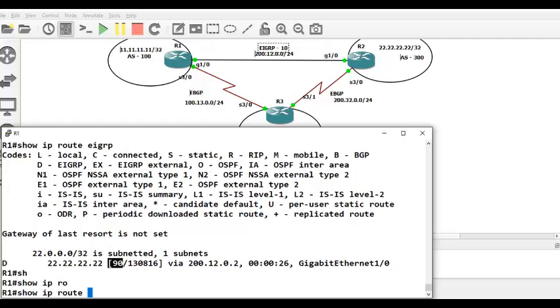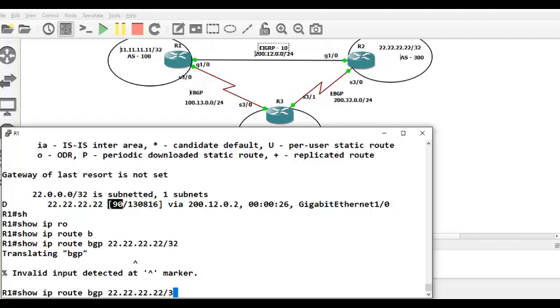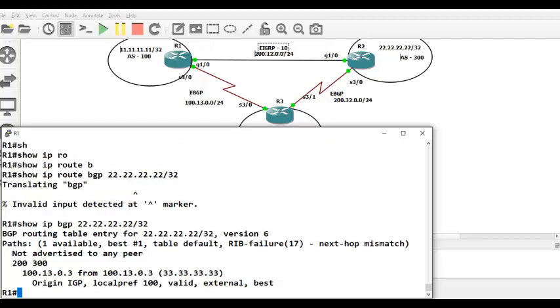Show IP route BGP 22.22.22.22/32. You see, it says RIB failure. It's the best path, also a valid path, but even though it's valid and best, it is unable to be used because we use the backdoor keyword.